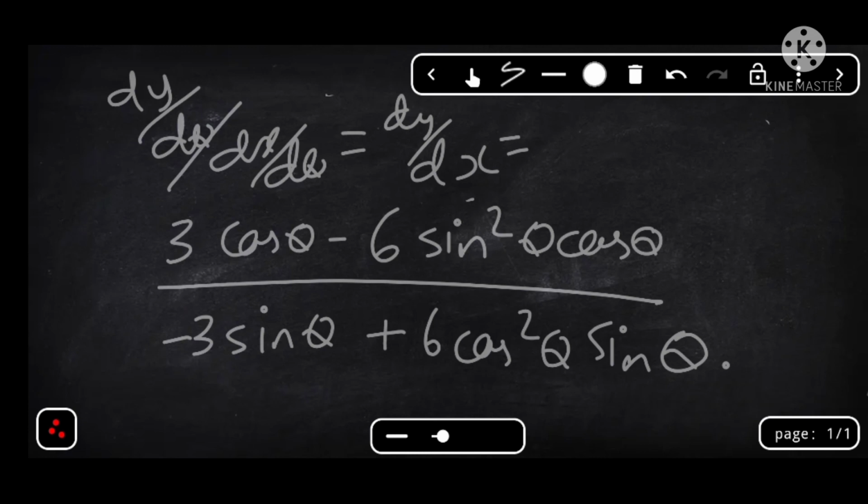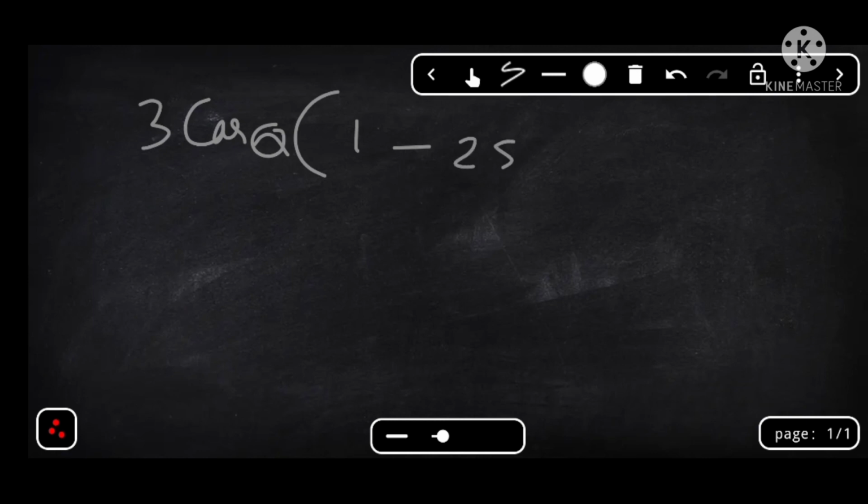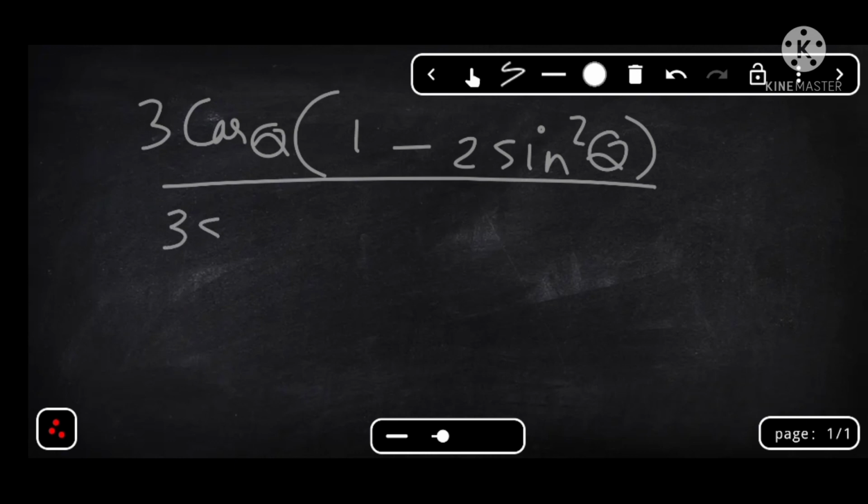Fine. So we can do some rearrangements here. From here both we can take some terms outside, right? So I am writing that. So 3 cos theta we can take from the numerator. So the remaining will be 1 minus 2 sin square theta, divided by, from the denominator we can take 3 sin theta outside.